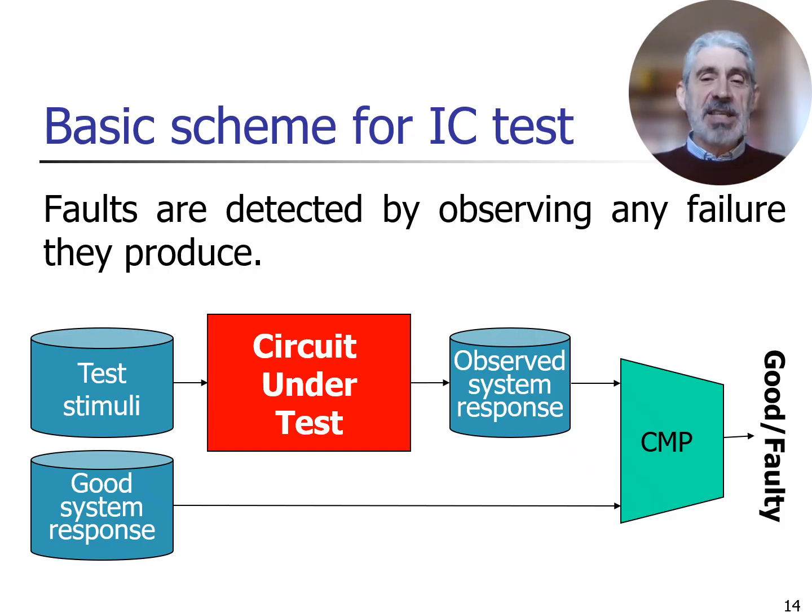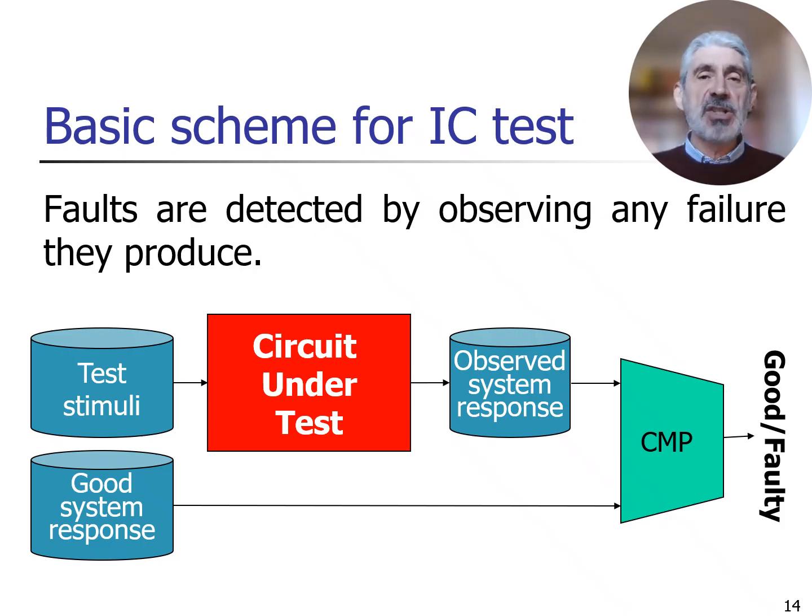So the basic scheme of test, which is the one reported here, is based on taking the circuit under test and applying to it some test stimuli, which are not typically random stimuli, but very suitably and carefully produced stimuli. We will gather the observed system response, and we will compare it with the expected system response, the fault-free one.